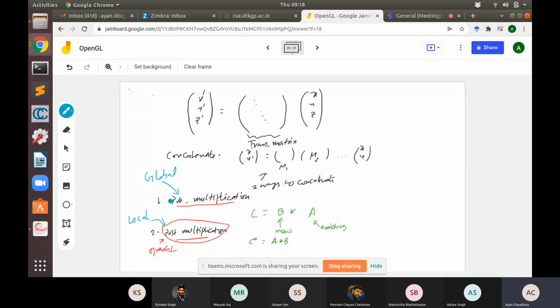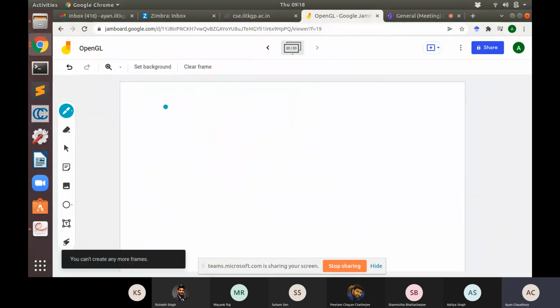Okay. So let's take an example and see how this global coordinate point of view and local coordinate point of view look. And basically you will see that they are the same. I mean, there is no effect, but when you design your code, you have to keep this in mind and design accordingly.